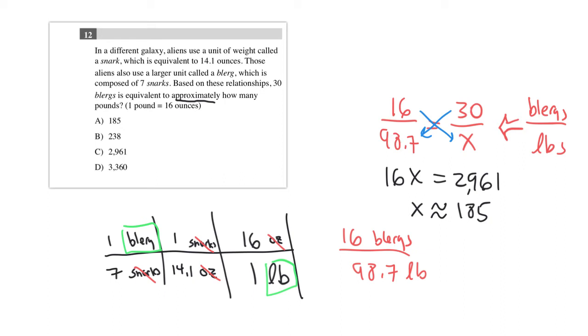So we want some number such that when you multiply 98.7 times 2, you get that. And 98.7 times 2 is approximately 185, or close to 185 at least. So even logically, it sort of makes sense. So that's how you do that one. The answer to this problem is A.